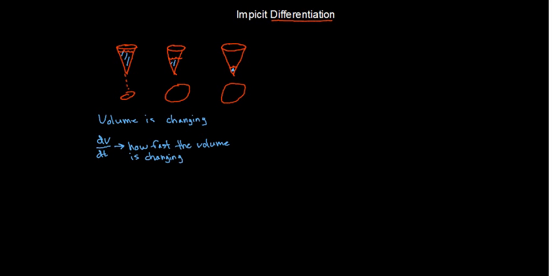Well, what else is changing? If we take a look at the amount of liquid left in our cone, the height of the liquid is also changing. As you can see here, it's getting smaller. So, height is changing.